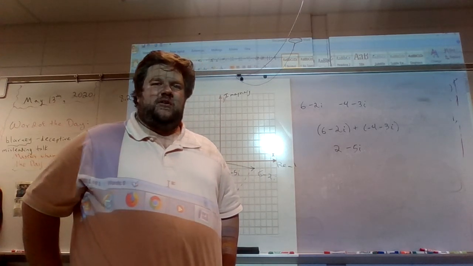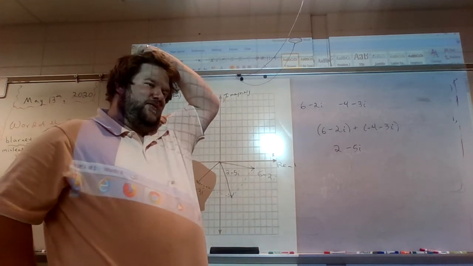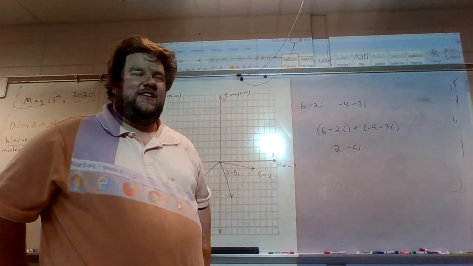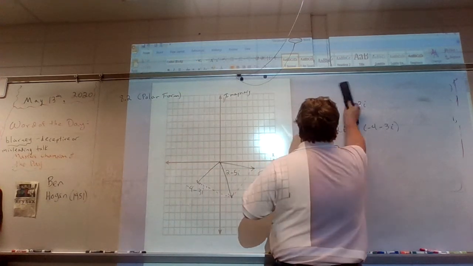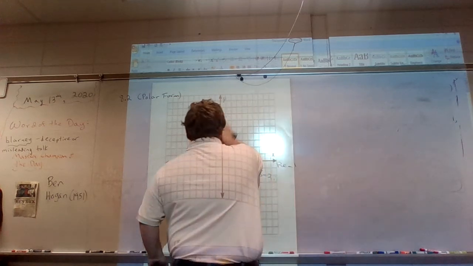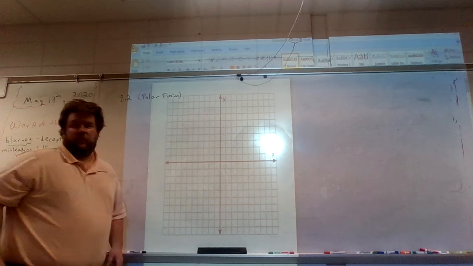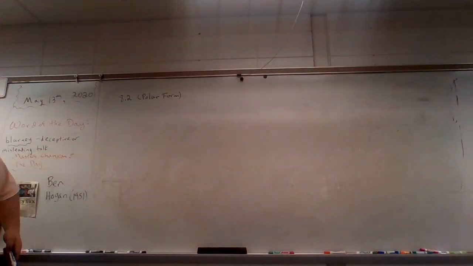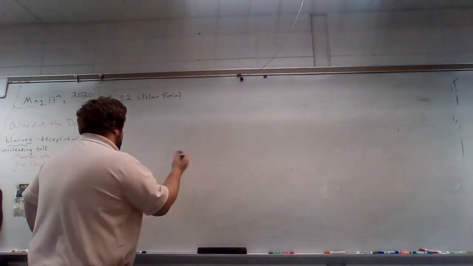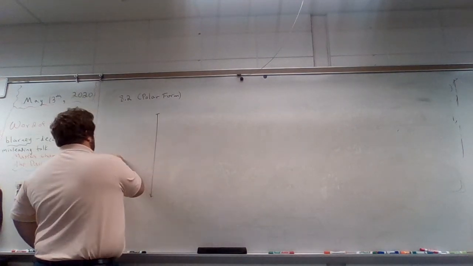It's one of those things in math where you wonder why you're making it more complicated, but it actually makes things easier later on. All we're going to do with it is introduce it and practice writing complex numbers in polar form. But I've got to talk to you about what polar form is. All right, so just imagine that I have this complex plane.